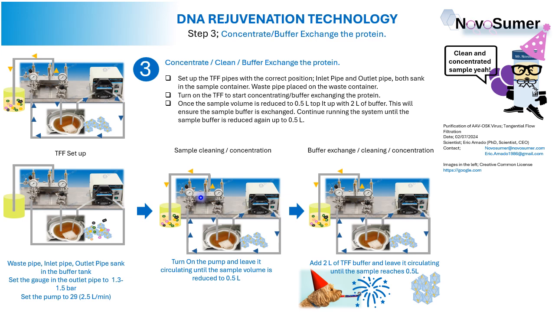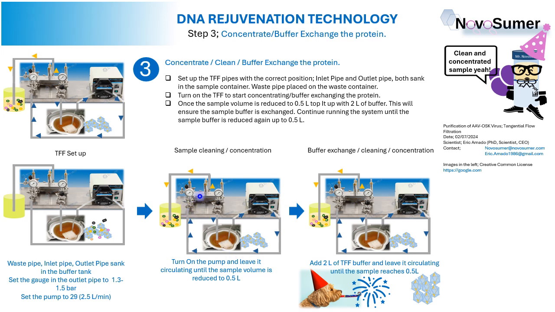The pores are small. Since the pores are small, the EVs cannot go through the pores. So the only way that they can take is by going to the outlet pipe, again to the sample container. Okay, that is the circuit of the sample.